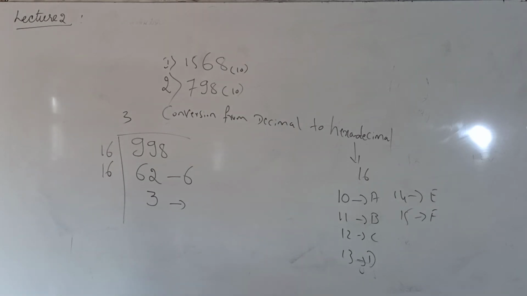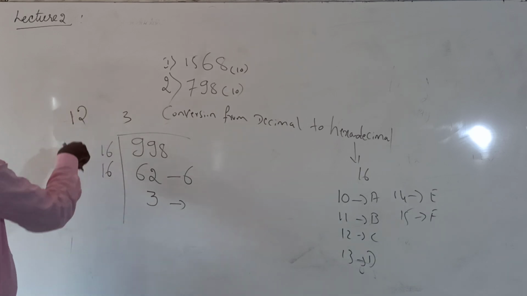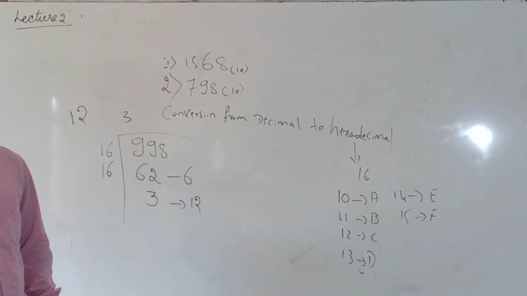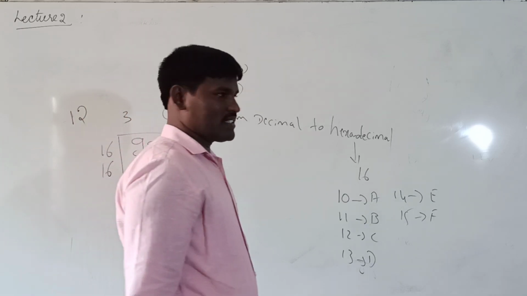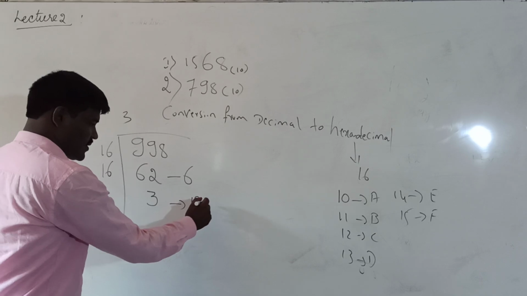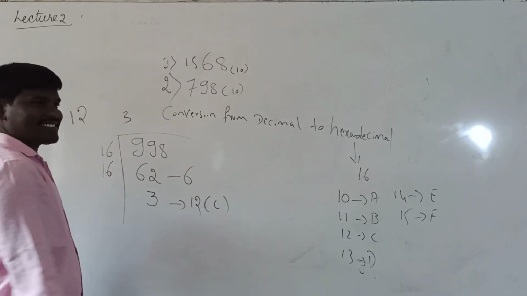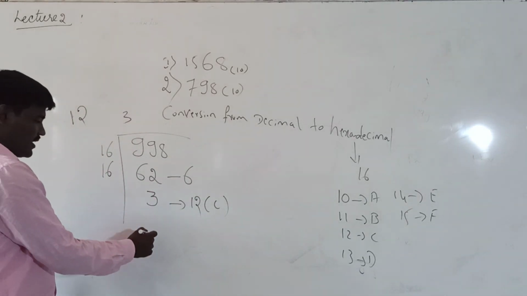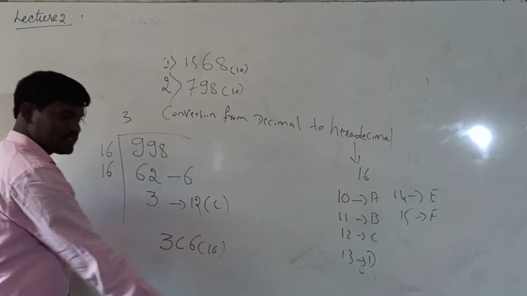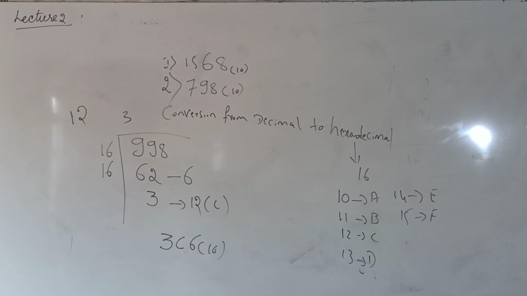Remainder is 1. But in the hexadecimal, you have to represent the 12 as C. So here, instead of 12 in the bracket, you have to write C, and finally the result is 3C6 to the base 16.